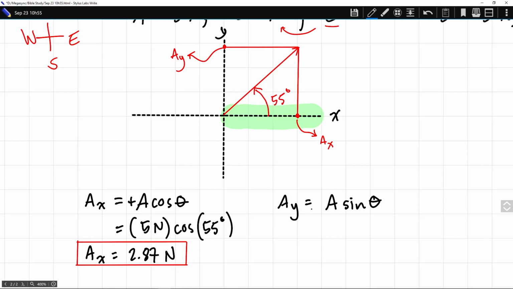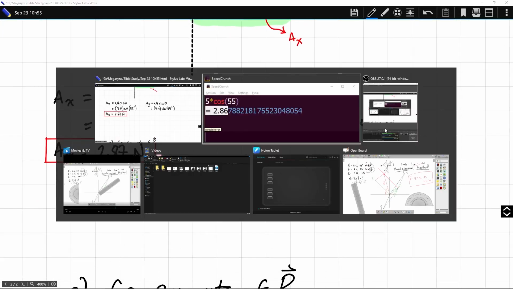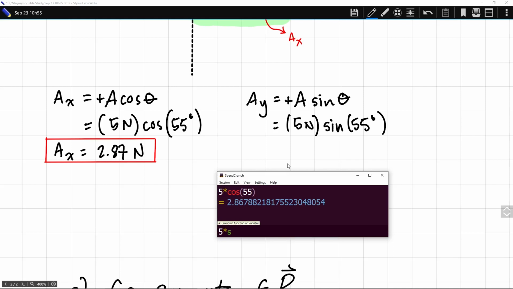Now, we need to determine if this is positive or negative. So let's look at our diagram. So clearly, ang ating a sub y is nasa positive y-axis. So this will take a positive value. Okay? So solving by substituting our values here. Okay, so plugging this into our calculator.